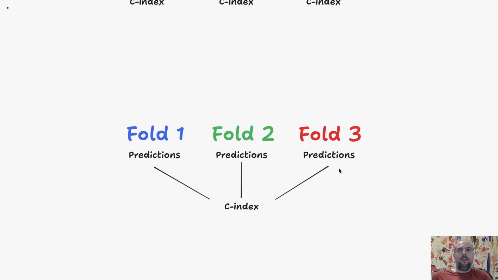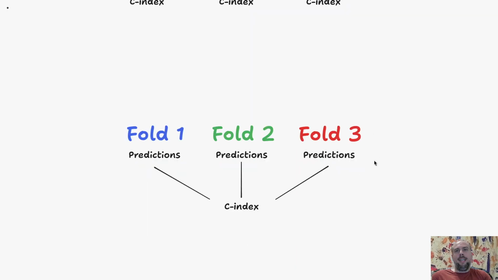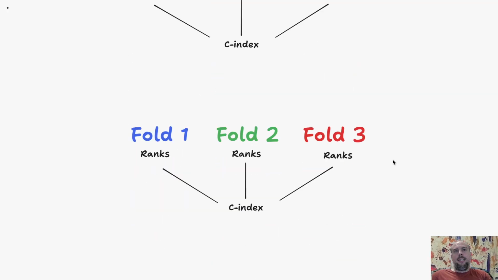So then what do we do if we can't take the average and we can't take the predictions? What I came up with, and I don't know if this has been reported before, is let's take the ranks. The ranks will be stable across the folds, and then we'll use the ranks to calculate our C-index.